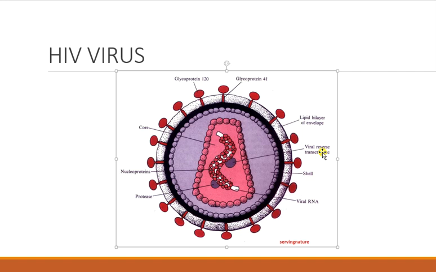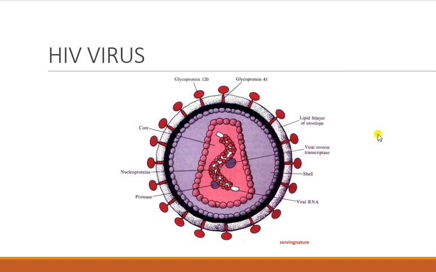When you have enough CD4 cells, then probably you don't have a lot of viral infection. But when the CD4 cells dwindle, that means you have less of the CD4 cells and more of the HIV virus. Therefore, you are likely to get more opportunistic infections and develop to an AIDS status.